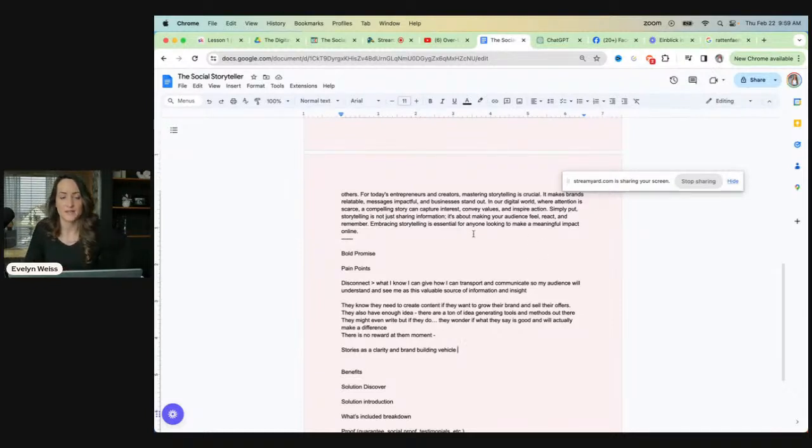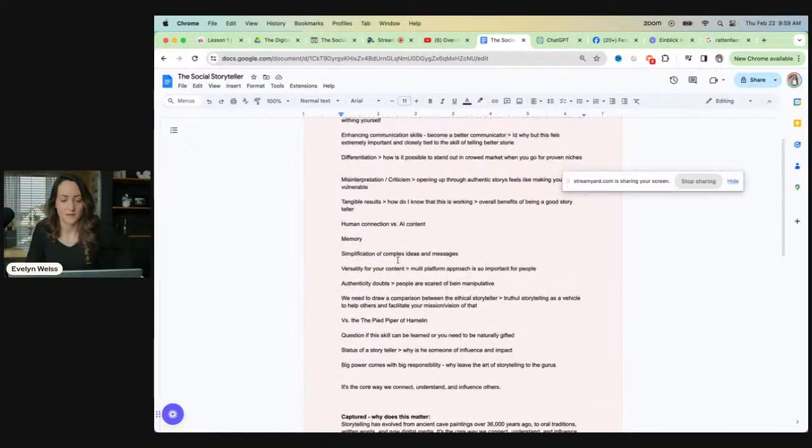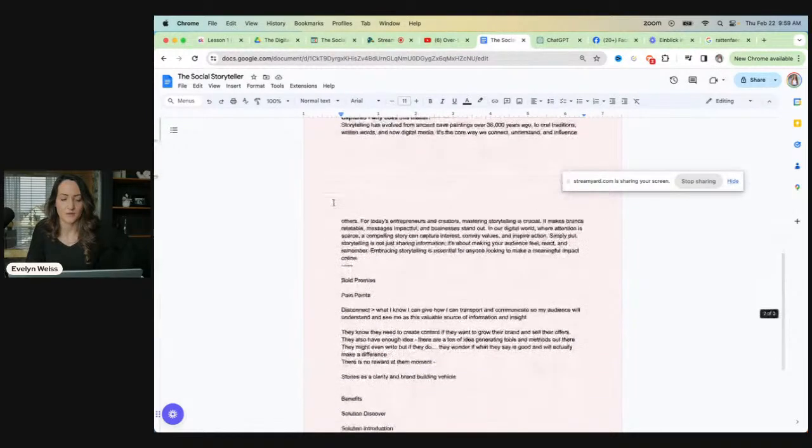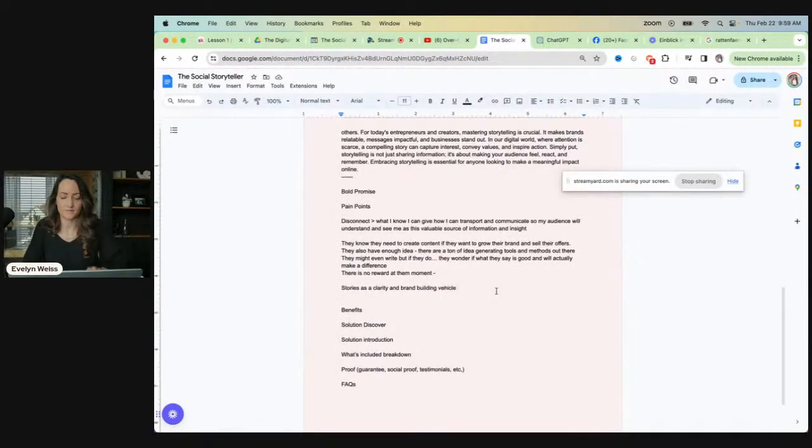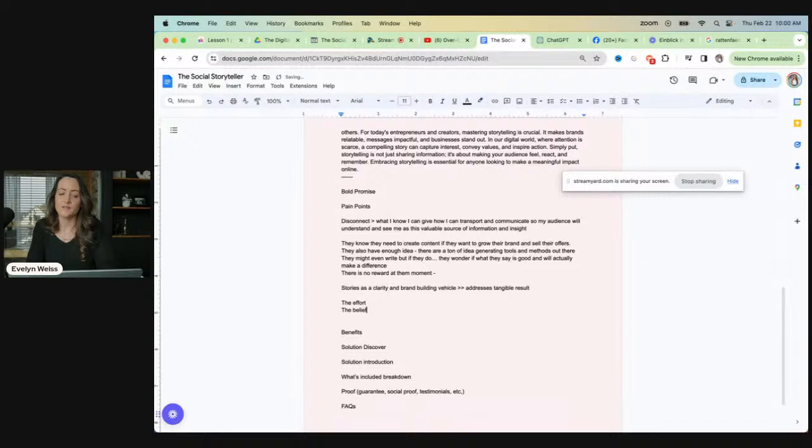And that addresses the tangible result as well. So I do think that with the pain points, we need to speak to the effort, the belief.